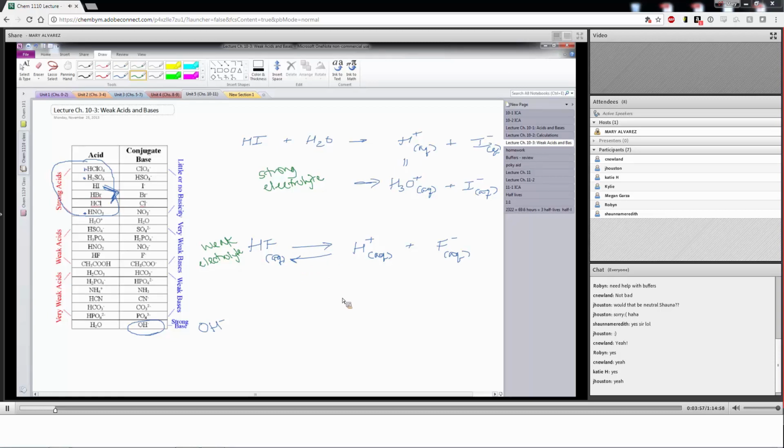Okay. And if we get this equilibrium system here, we can express the amount by which this does dissociate by looking at the equilibrium equation. What would the equilibrium equation look like for this reaction? You guys remember that from chapter 7?